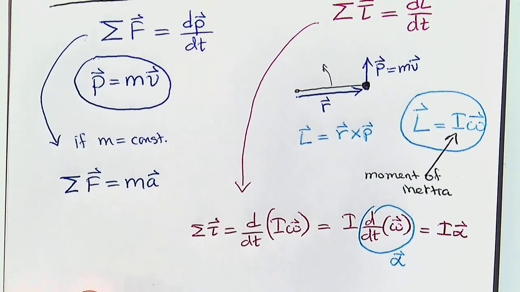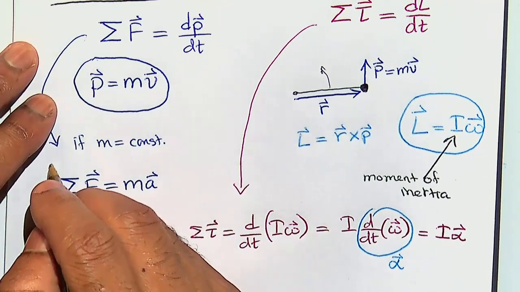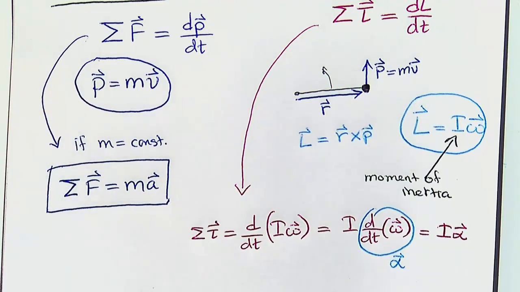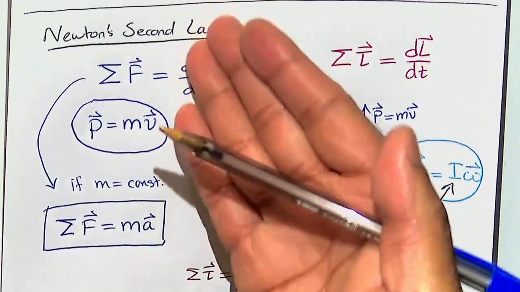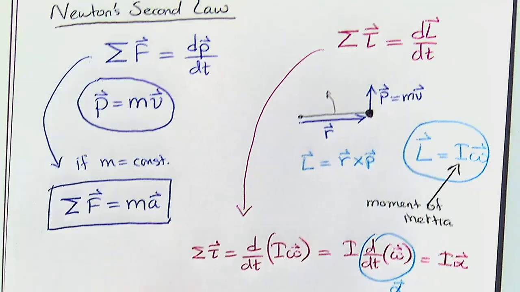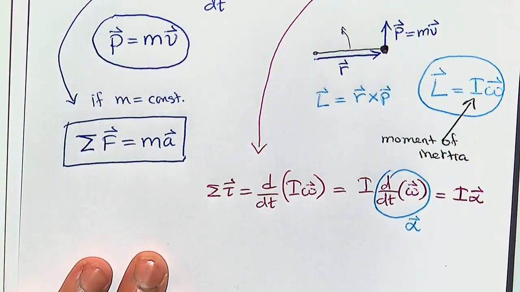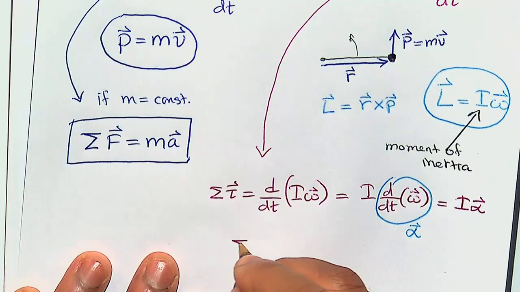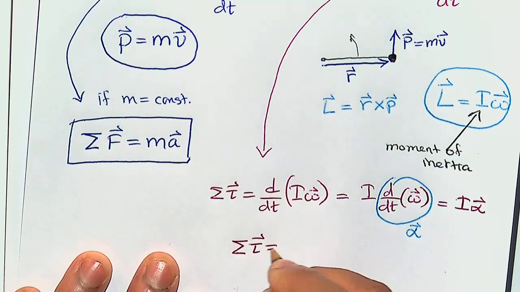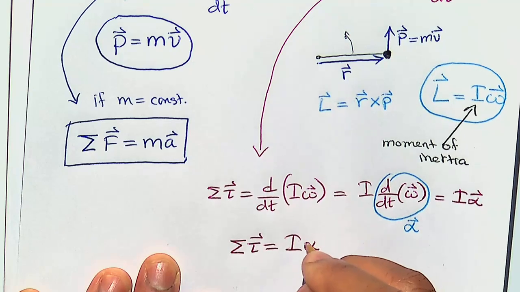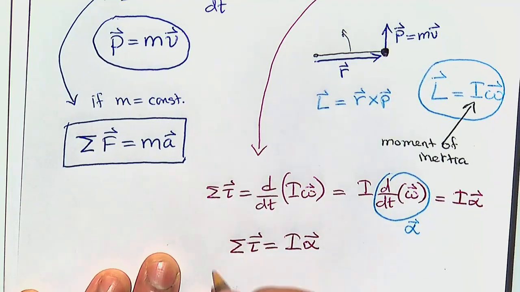Okay, so this is the linear case simplified to a constant mass. Newton's second law simplifies to F equals ma. Newton's second law for rotation simplifies to the sum of the torques is equal to the moment of inertia times angular acceleration.